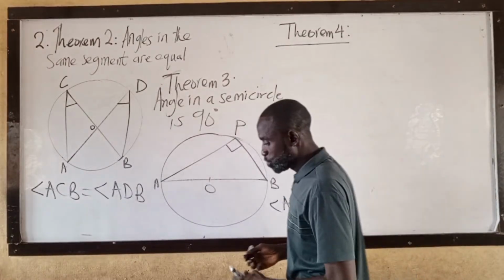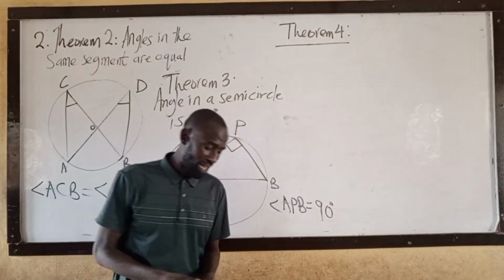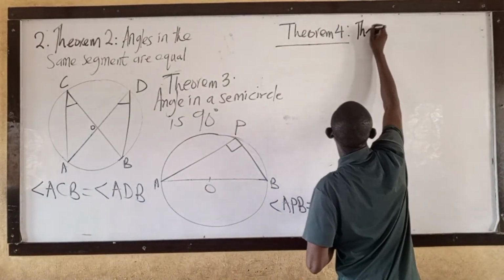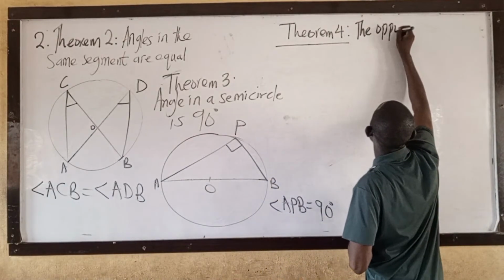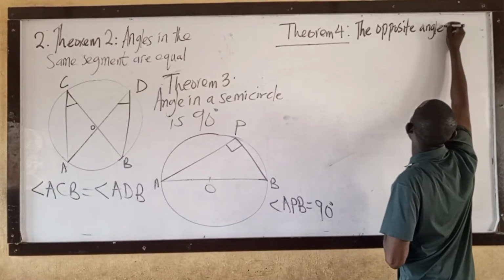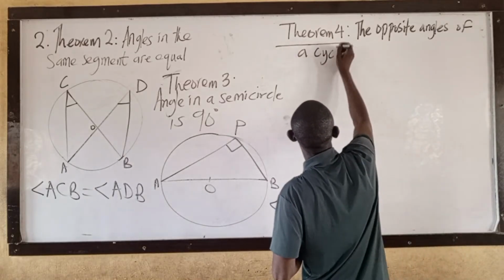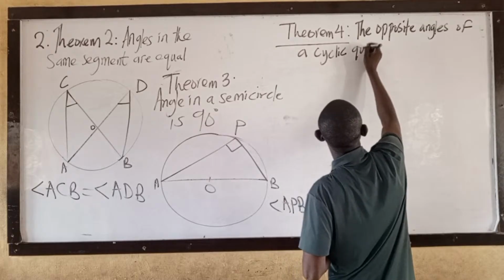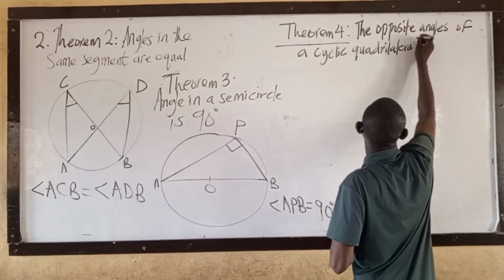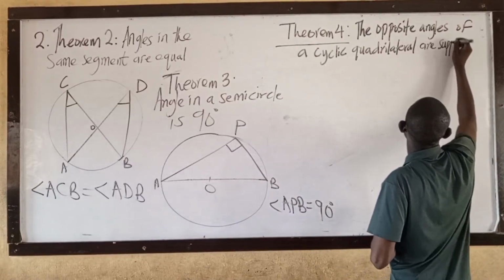The opposite angles of a cyclic quadrilateral are supplementary.